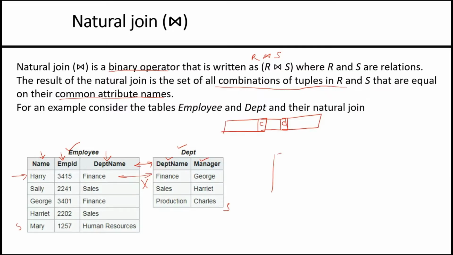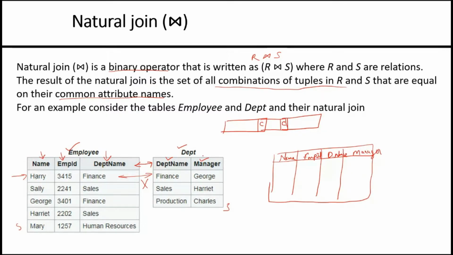And the resultant relation will have how many tuples? It will have all the matching tuples, and the common attribute is not going to be repeated. So you will have a name, then employee ID, then department name, and then at last you will have a manager also.